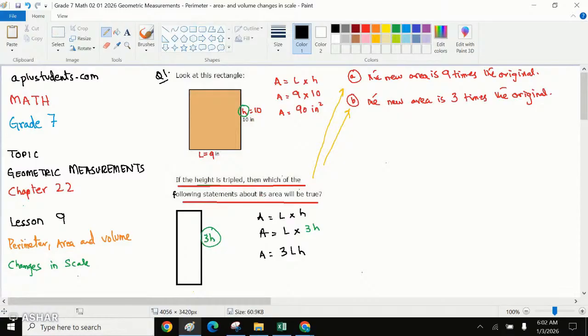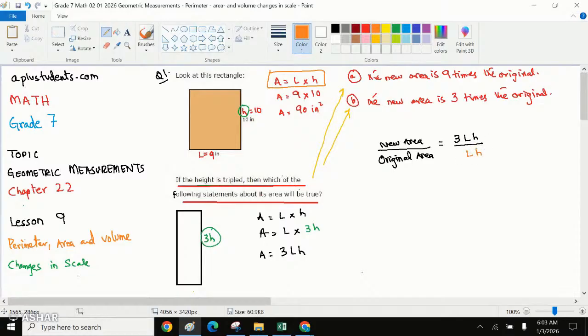So whenever we need to do this comparison of the areas, right? What we do is we say, let's suppose new area upon the original area. Let's take out the ratios. The new area was 3 times length times height. Agreed? Whereas the original area was length times height.